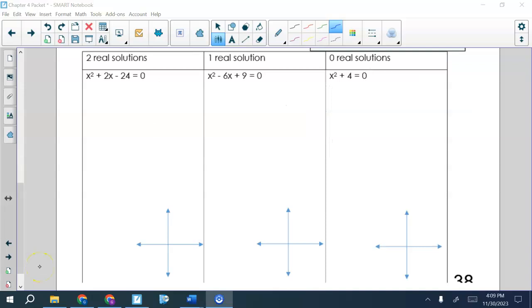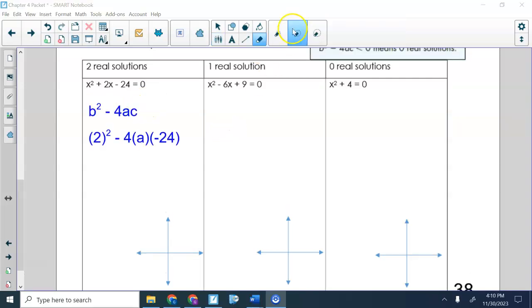All right, if we wanted to do the discriminant for the two real solutions, how this is going to look: b squared minus 4ac. All right, so you're still doing the same a, b, c as we were yesterday. So a is 1, b is 2, c is negative 24.